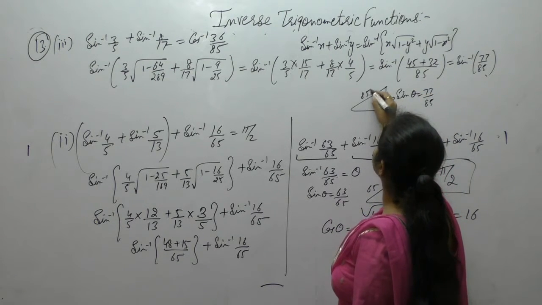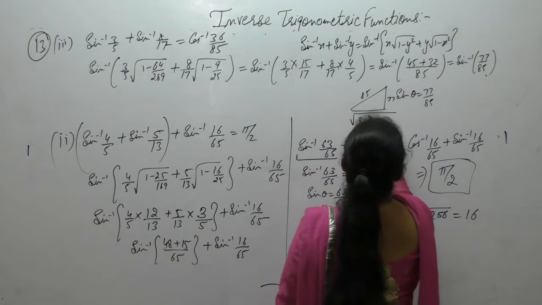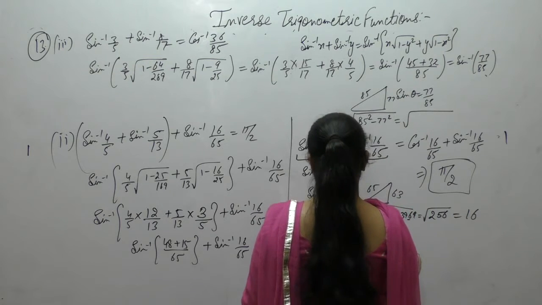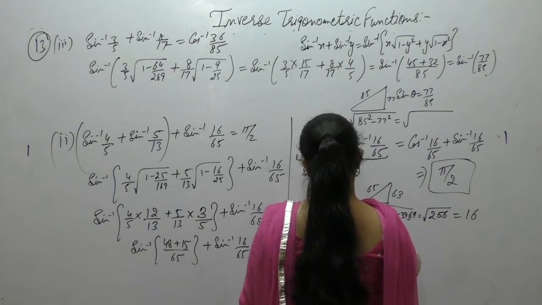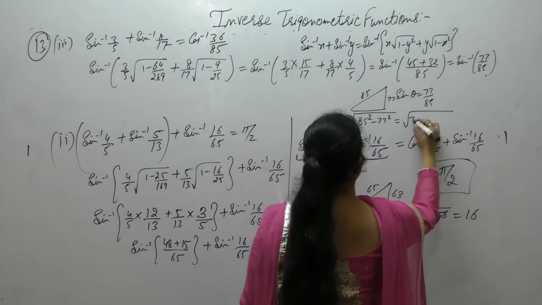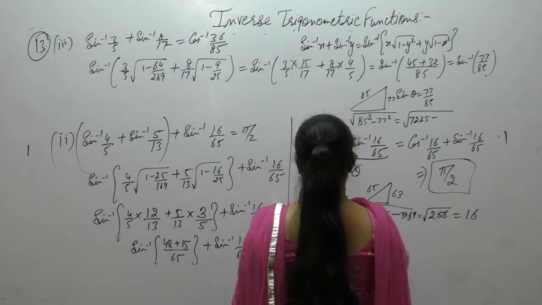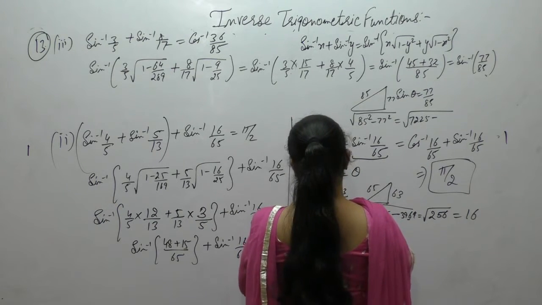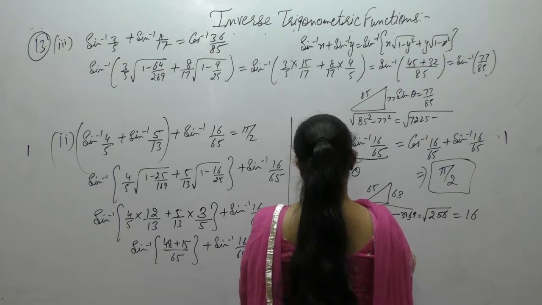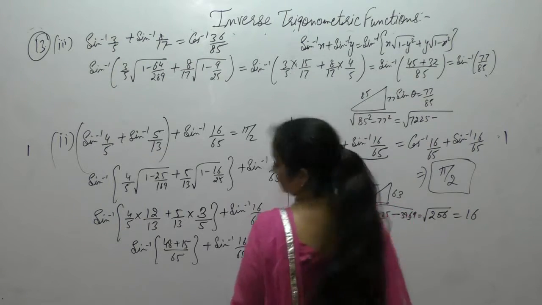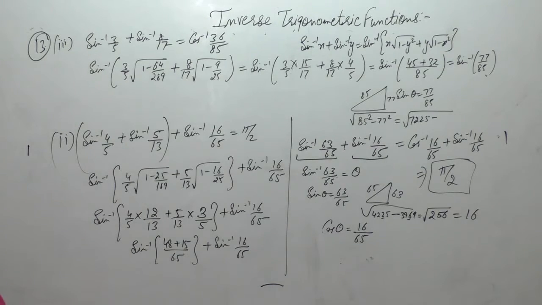P upon H. Find the base. 85 square minus 77 square. So we get 7225 minus 5929.